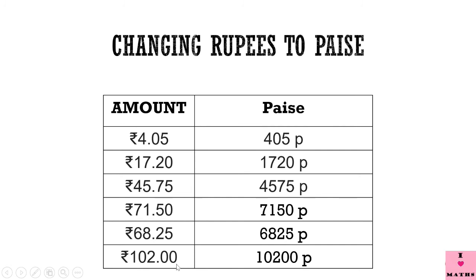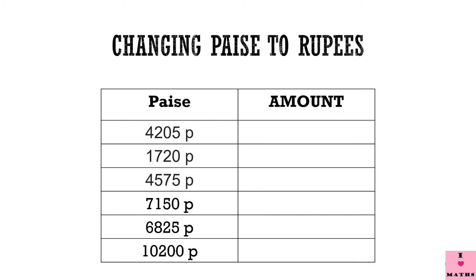Okay, let us study how to change paise to rupees. Now in this column we have written paise. Now this is 4,205 paise. Again I will tell you a trick. The trick is, put the point after two digits. You have to count from right hand side.